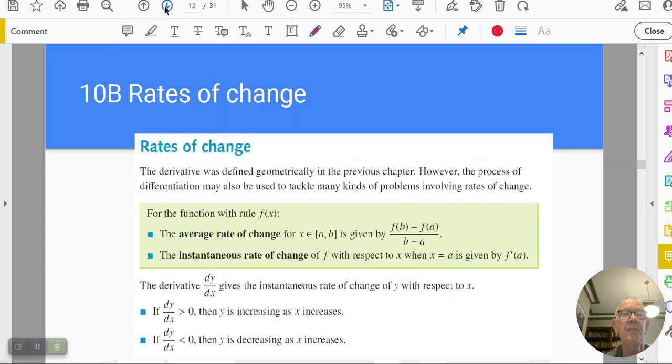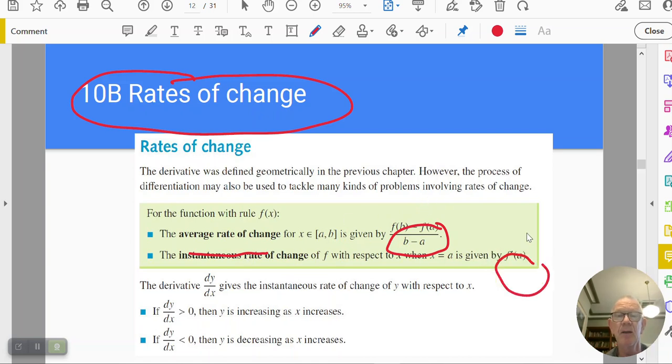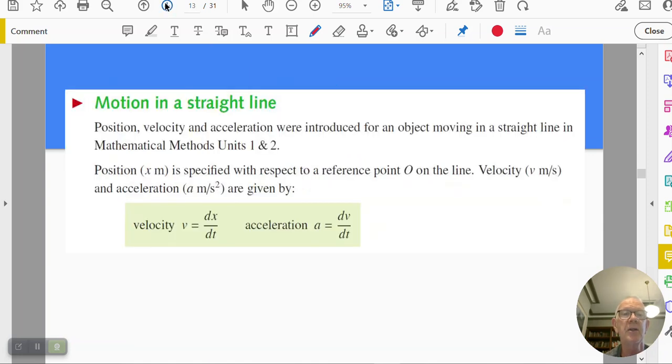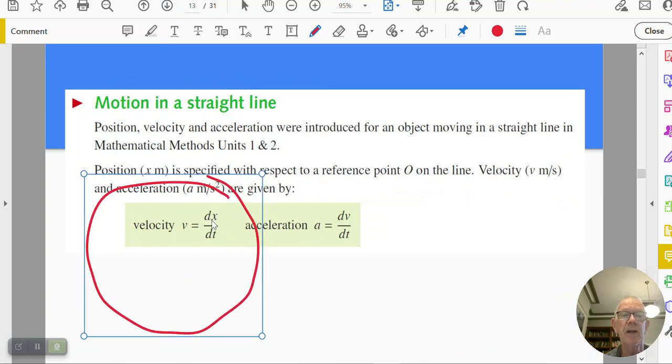Okay, so that's 10A. 10B is about rates of change. We've already found the average rate of change. That's a rule that just looks like the gradient rule. And the instantaneous rate of change we find by the derivative. In our rates of change sections, it could be motion. So velocity is the rate at which distance changes over time.